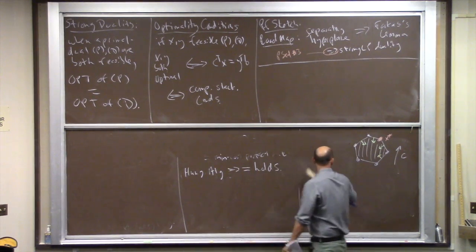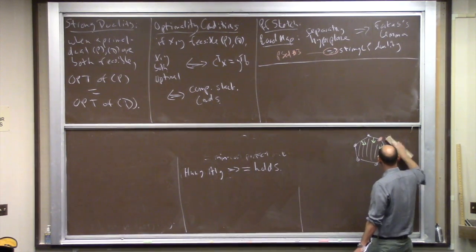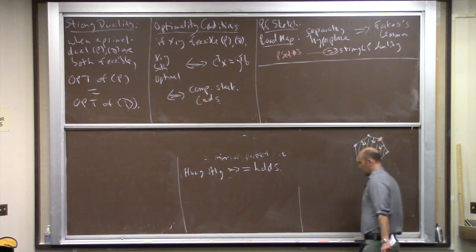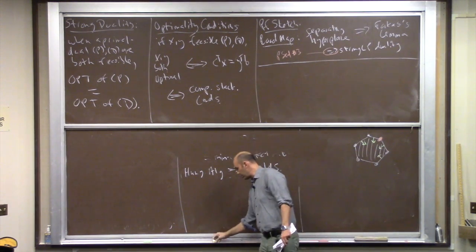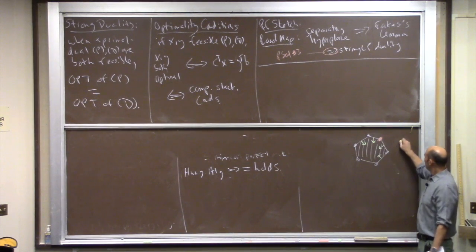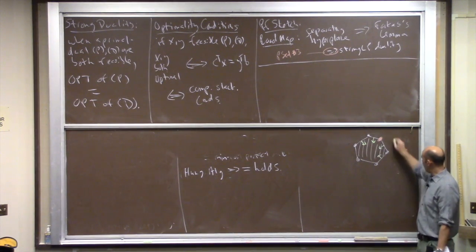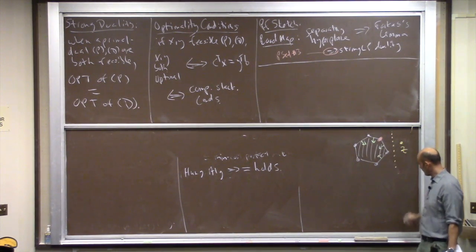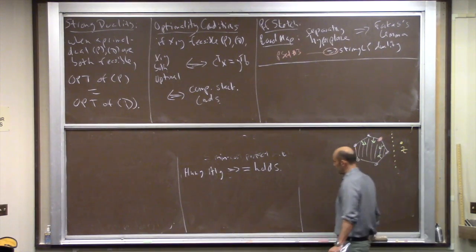So now, instead of separating x's and o's, we're going to be interested in separating a whole big set from some point not in the set. So that's the picture you should have in mind.